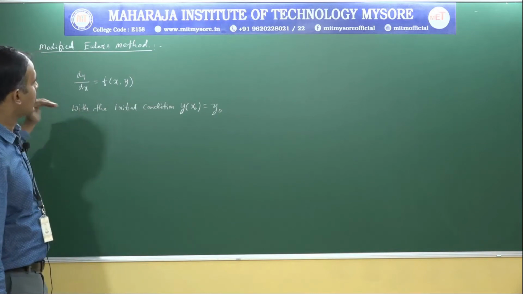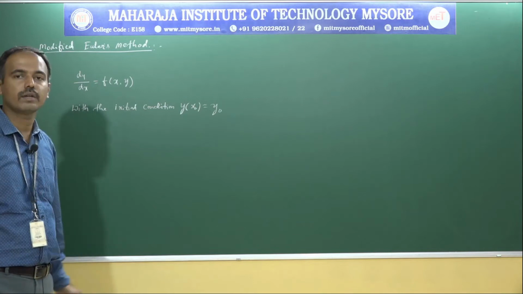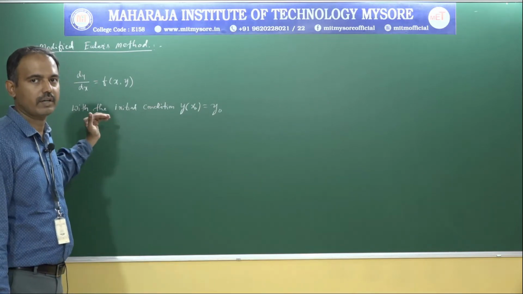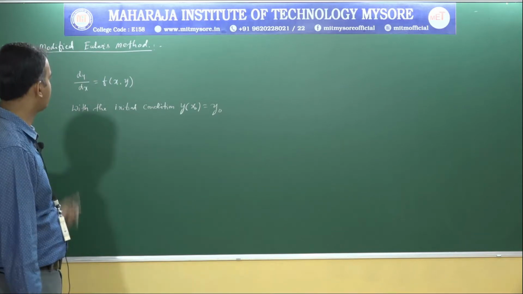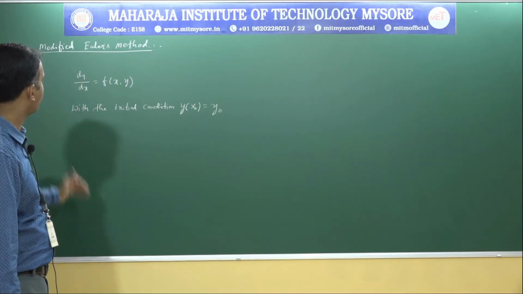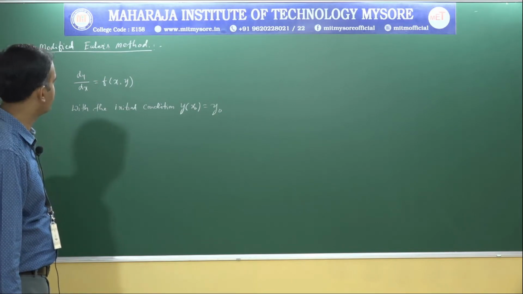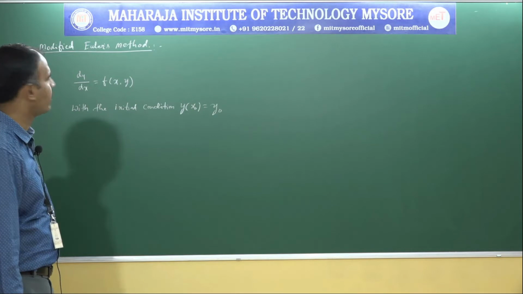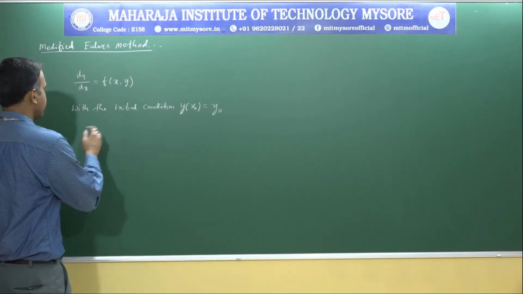In the last two sessions, all of you know how to solve these types of first order and first degree differential equations by using the Taylor series method. In today's session, you can understand how to solve by using the numerical technique, the modified Euler's method.